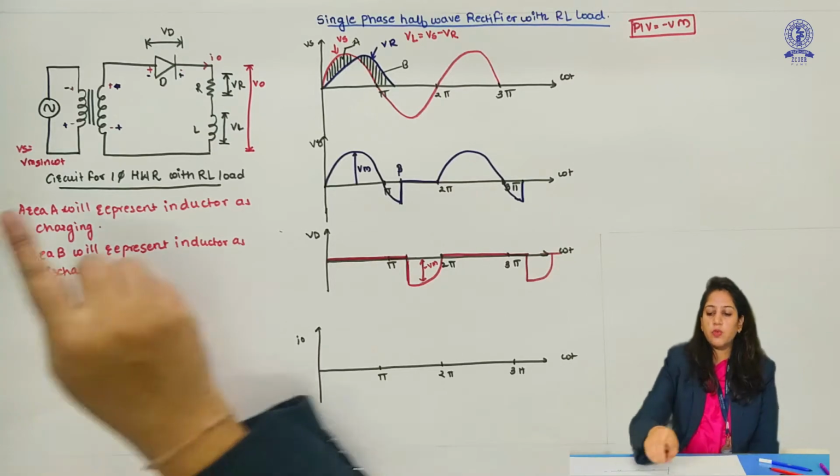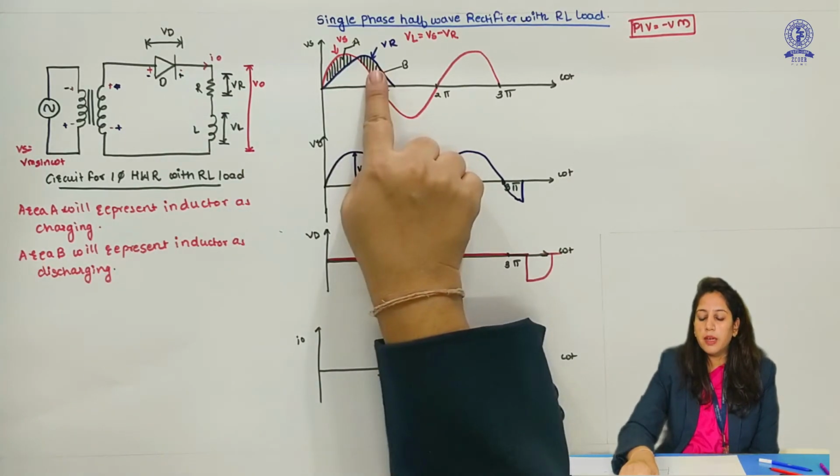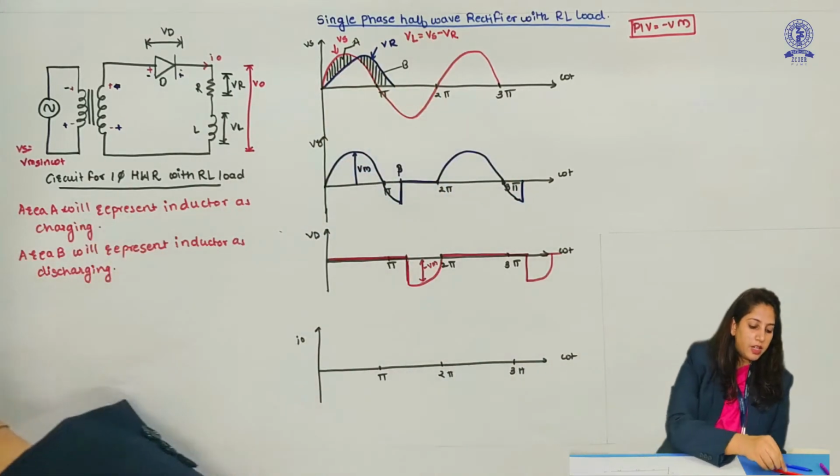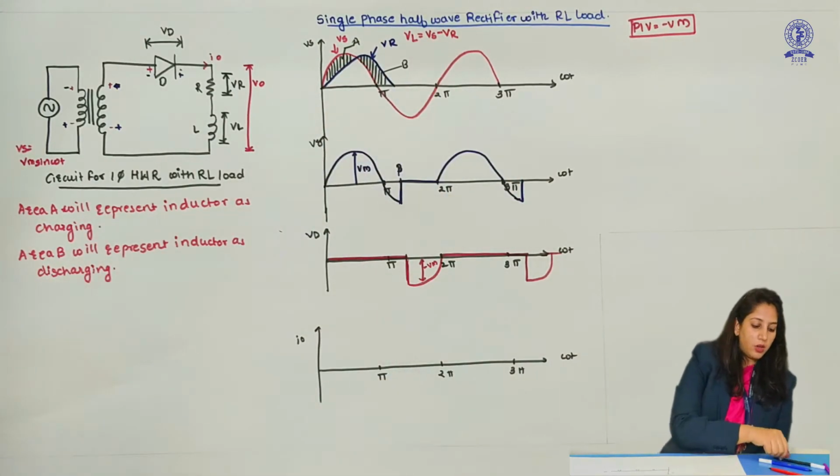In this way, area A minus area B, that is Vs minus VR, will be given as VL.